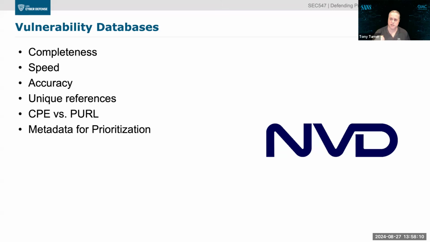We have software naming problems. Do we use a CPE value to identify the software? Do we use a PURL to identify the software? By and large, there are no PURLs in the NVD. There are a few, but very, very few in the NVD, right? And PURL is, without getting too deep in the weeds, more appropriate to use for open source, package manager managed components and libraries, where CPE is more appropriate for products.